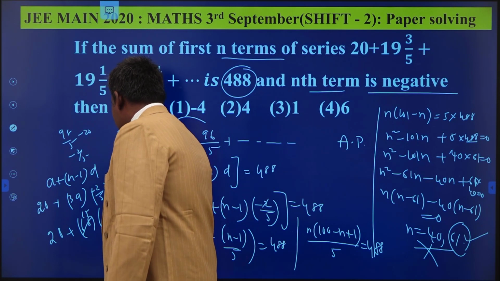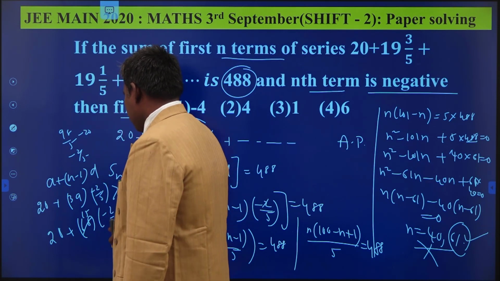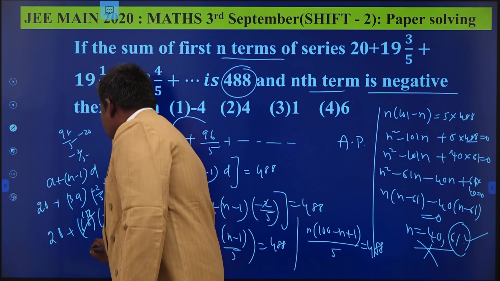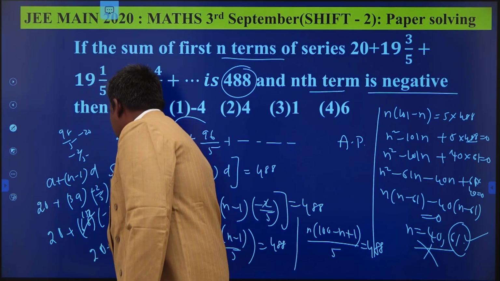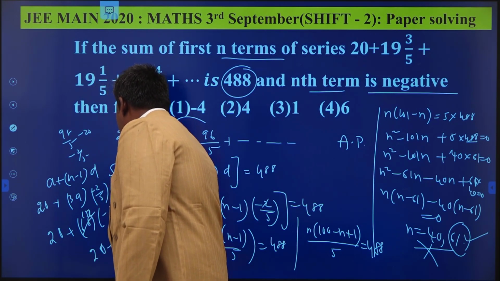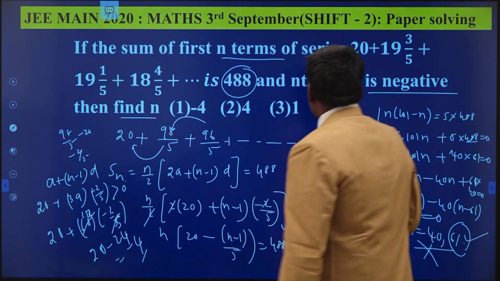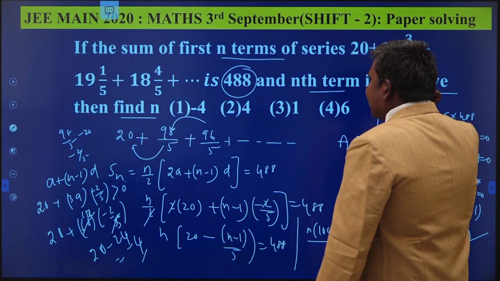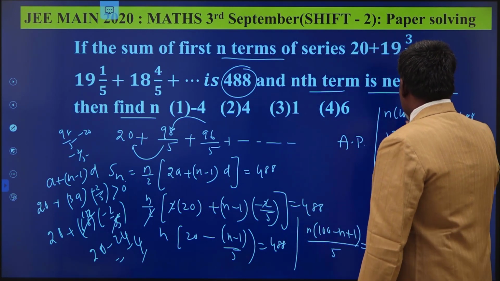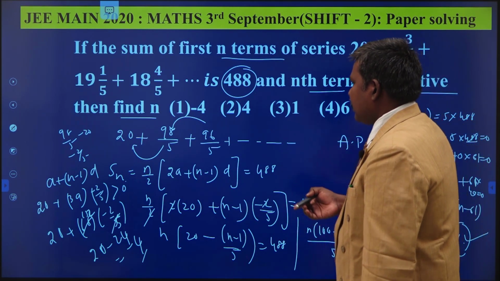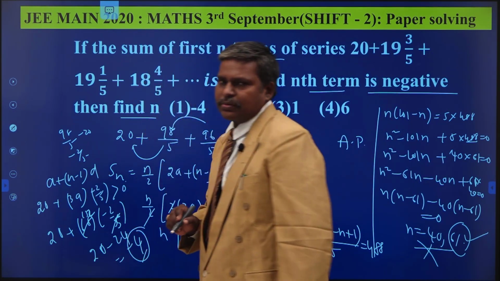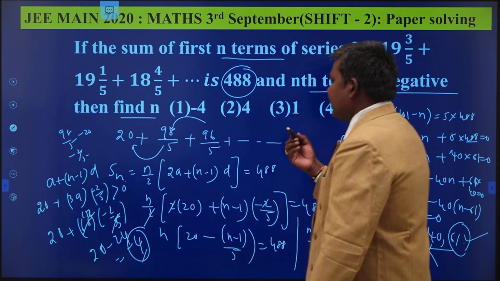That is 12 times 2, which is 24. 20 minus 24 is minus 4. So the nth term is negative. The nth term, a plus (n minus 1) into d, is minus 4 here. Understand? We don't take the positive value.